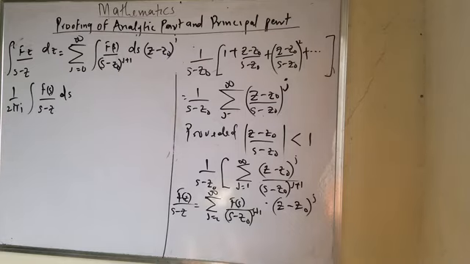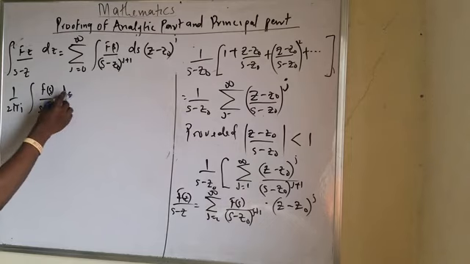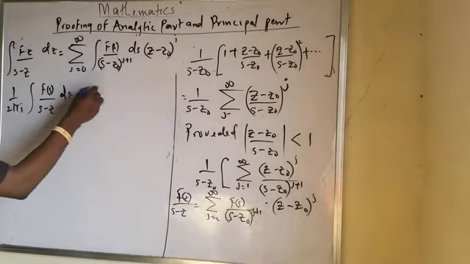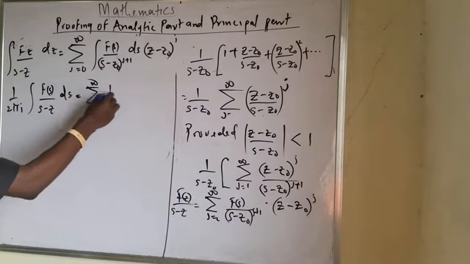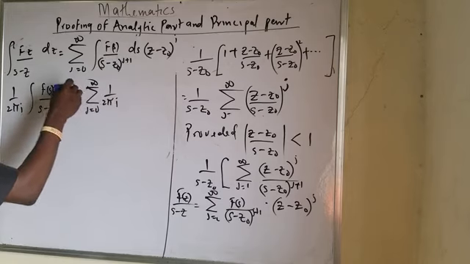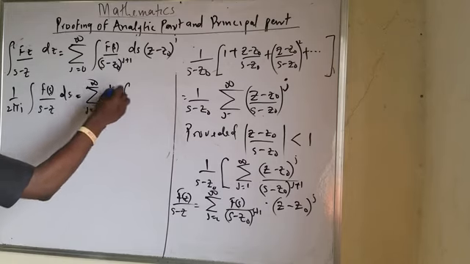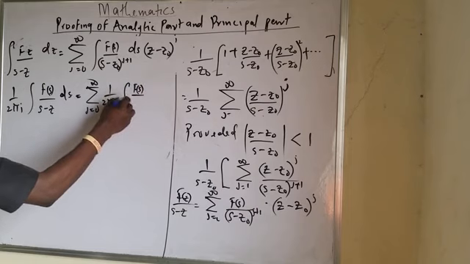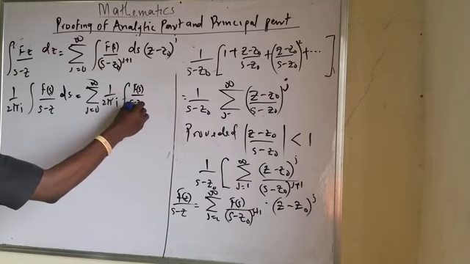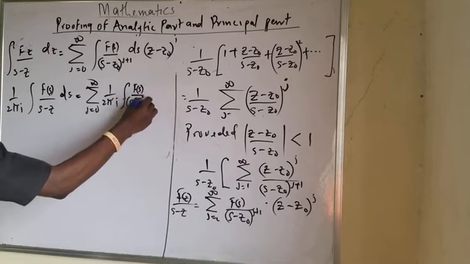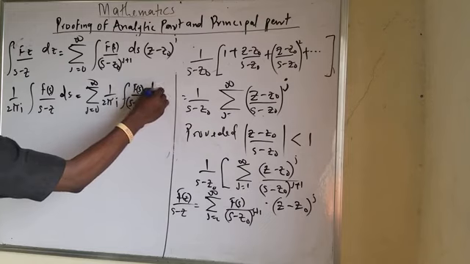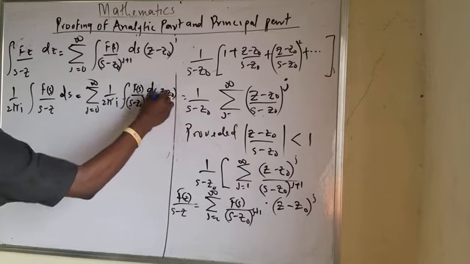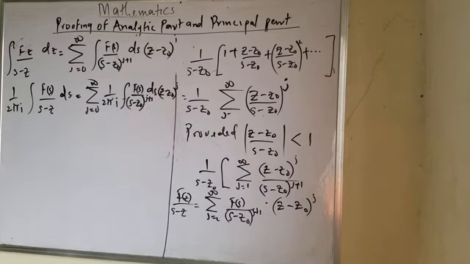Okay, the x will be equal to the limit of this, j from 0 to infinity. I'll be having 1 all over 2 pi i, integral of f of x bracket of x minus z naught bracket of j plus 1, dx, z minus z naught bracket of j.